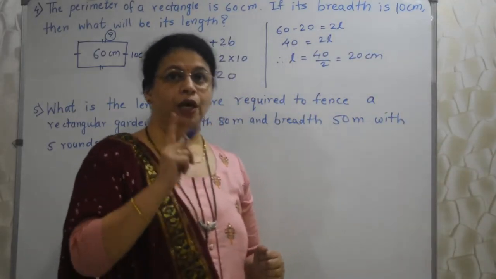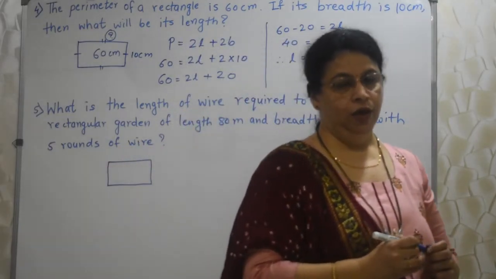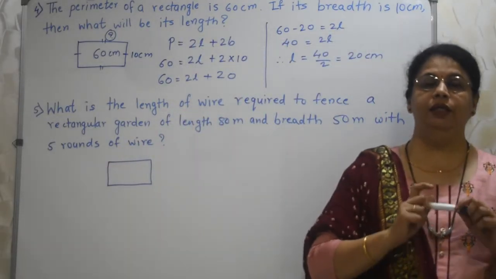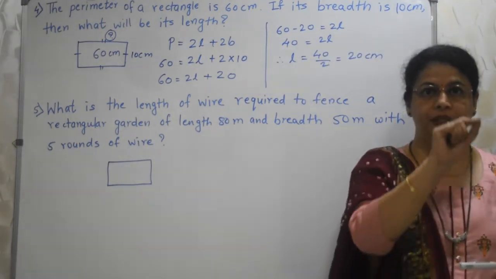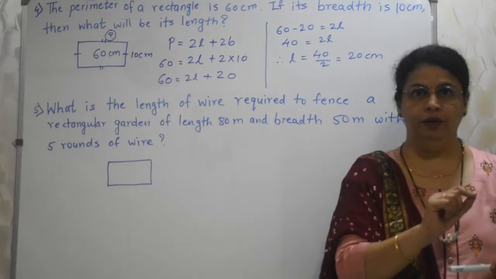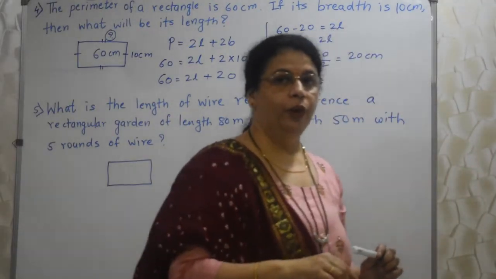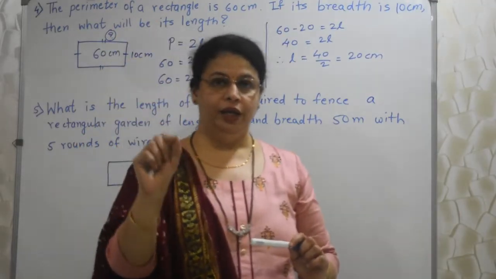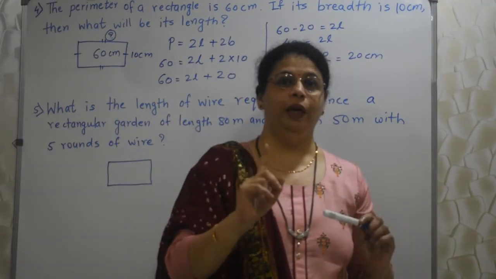So 5 times. Remember students, whenever there is a question about fence, then it is a sum of perimeter. And 1 time fencing or 1 border is equal to perimeter. So here when he does that wiring 1 time, that will be equal to perimeter.